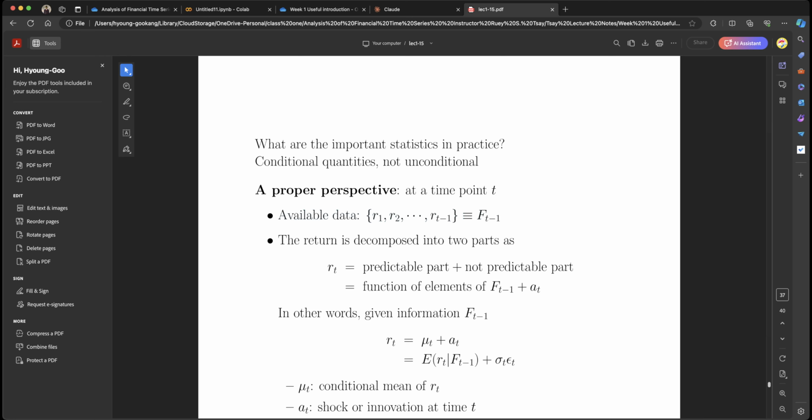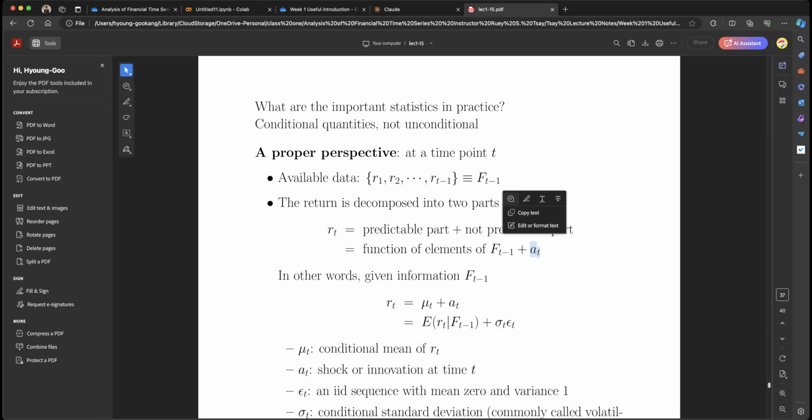We can denote the history up to t minus 1 as F_{t-1}. Now the return is decomposed into two parts: a predictable part, and a not predictable part. The predictable part means predictable with respect to our history, F_{t-1}, plus something not predictable.